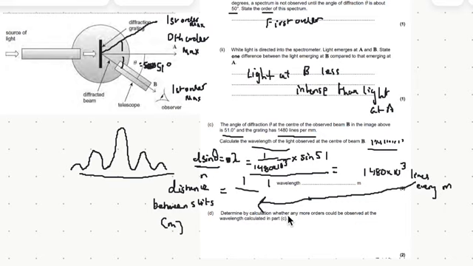So the numerator becomes 5.25 times 10 to the minus 7. And then because we're just dividing that by 1, that'll give you a wavelength of 5.25 times 10 to the minus 7 meters. Sorry, that took quite a long while.